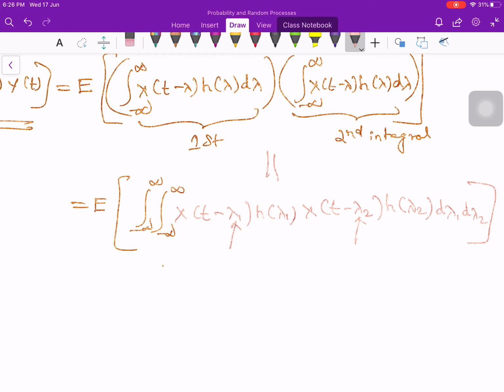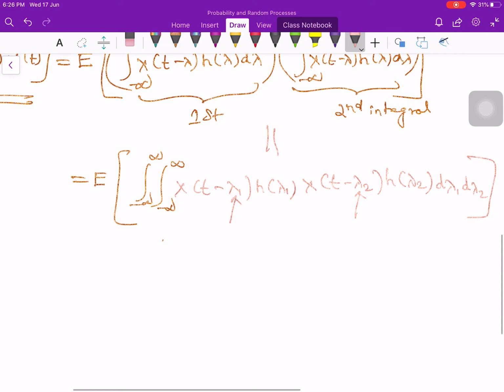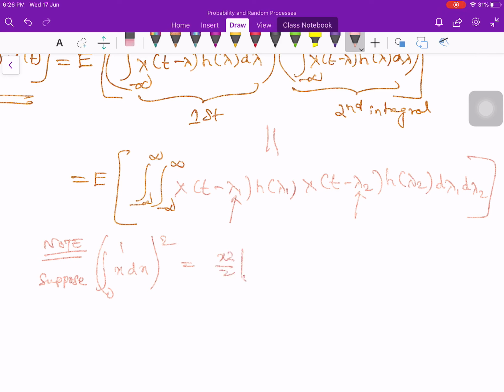Suppose you have an expression like this: the integral of x dx from 0 to 1, whole squared. This is x squared by 2, with limits 0 to 1, whole squared. This 1 by 2 whole squared is 1 over 4.